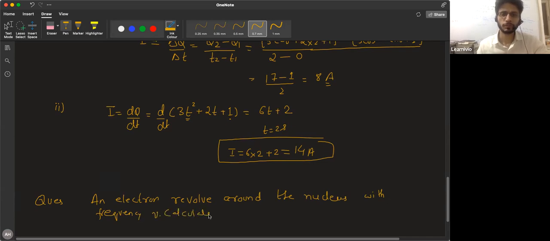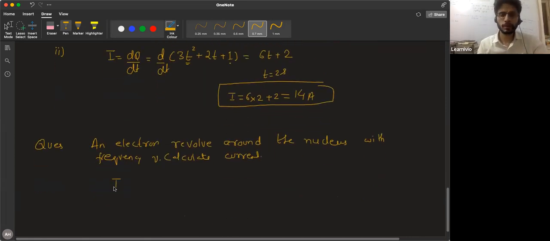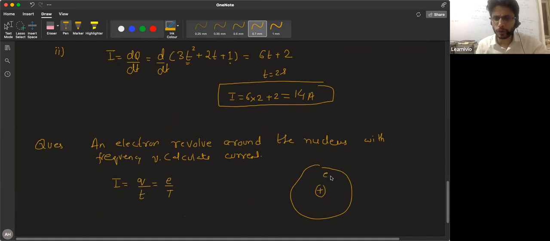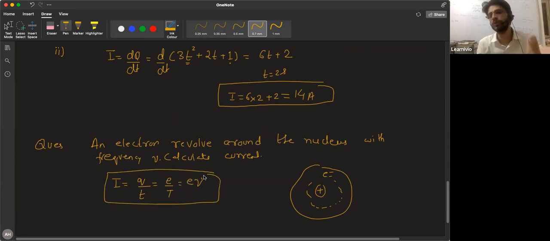Calculate the current. See, the expression of current is charge upon time. Charge is e, and the time is the time taken by the electron to complete one revolution around the nucleus. Does anyone remember what 1 by time period is? Frequency. So your current will be e into frequency. If the frequency with which the charged particle is revolving around the nucleus is given, then the charge multiplied by the frequency is the current.